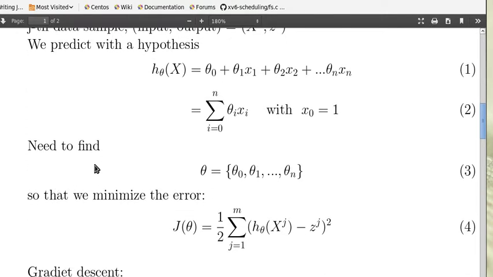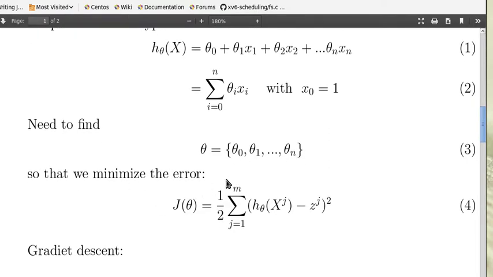So what we need to do is to find the constants, theta 0, theta 1, theta 2. So we call this theta, which is a set of theta 0, theta 1 up to theta n, n plus 1 values. And with these values, we want to minimize the error between the prediction and the actual data.